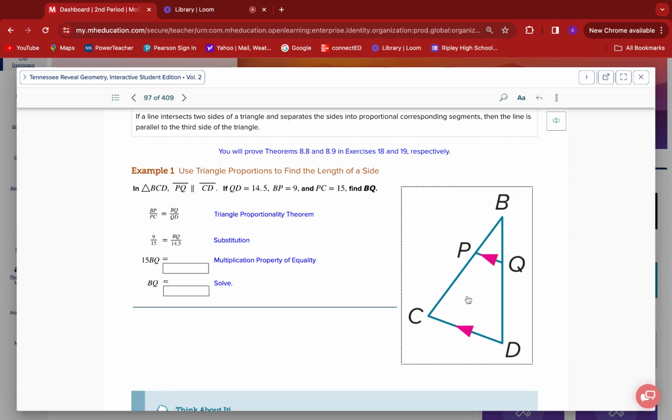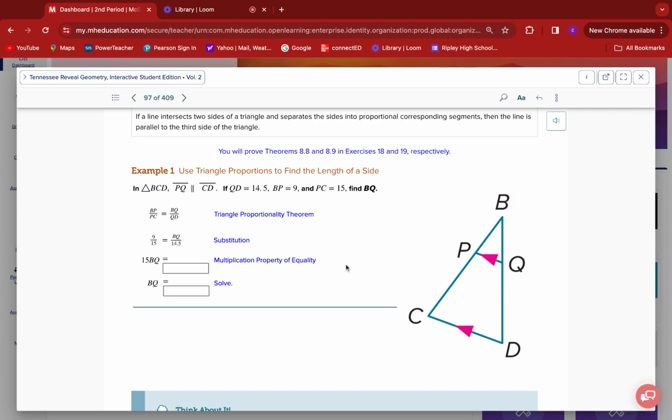But since the lines are parallel to each other, that's what those little triangles mean, then I can set BP proportional to PC, which is not even the side of a triangle. And I can set BQ with QD, which is on the right, but it's not the side of the triangle.